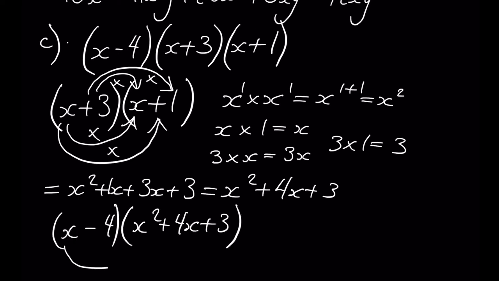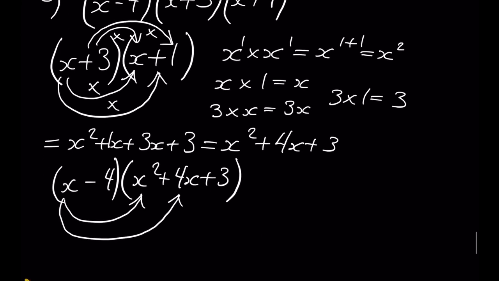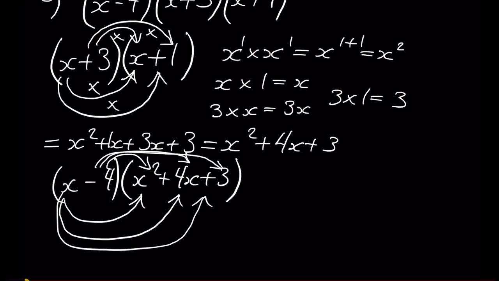We multiply each term in one expression by all the terms in the other expression. So we've got x times x squared, we've got x times 4x, and we've got minus 4 times x squared, minus 4 times 4x, and minus 4 times 3.